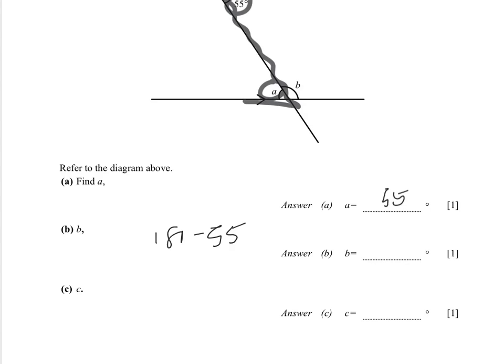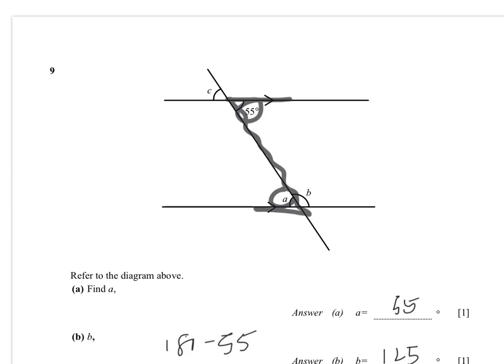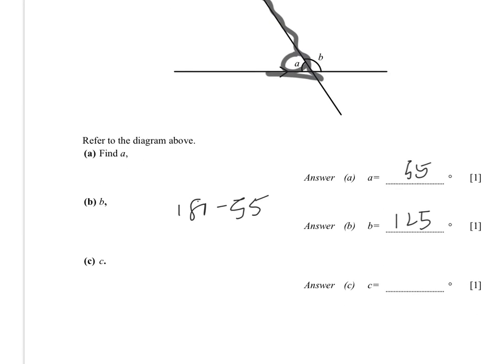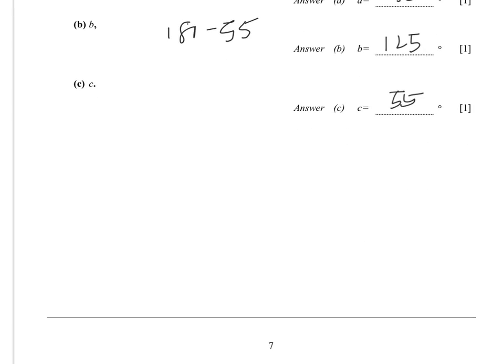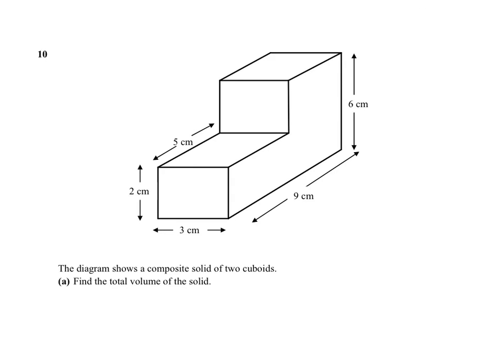That will give me 125. Then to find the angle for C, it is definitely the opposite of 55, so that's the vertically opposite angle, so you get another 55. On to the next question.